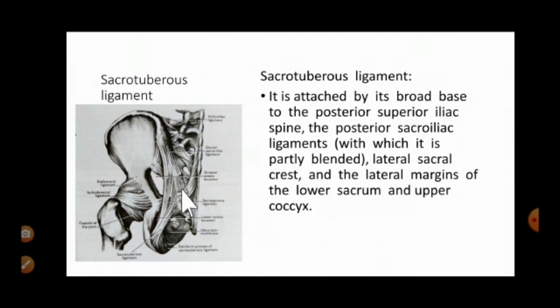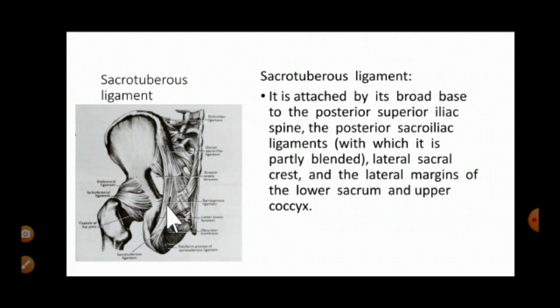So these are the points from where the sacrotuberous ligament is coming.